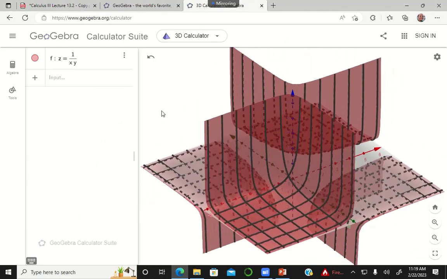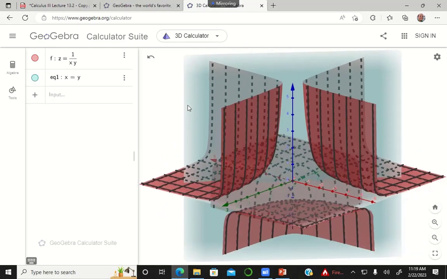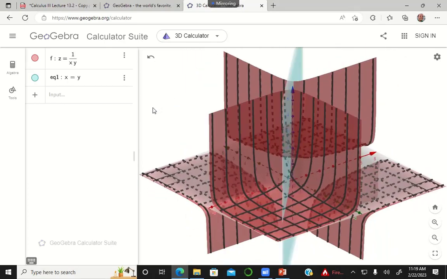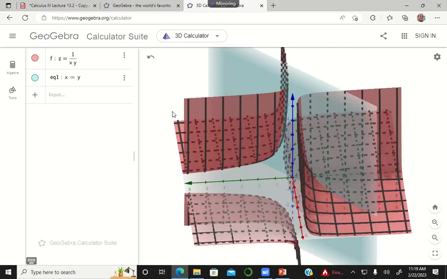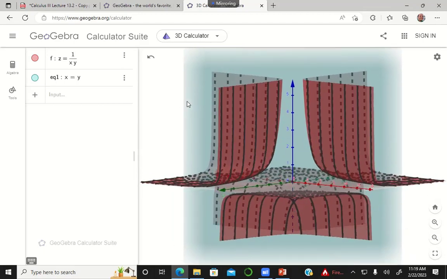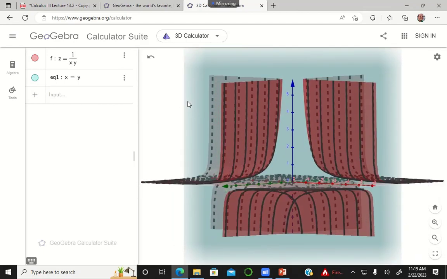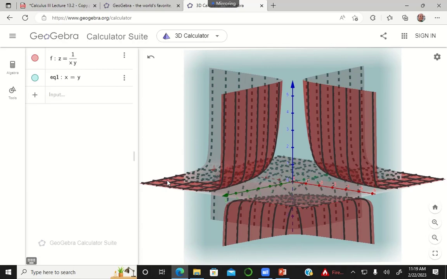Let me show you what the plane x equals y looks like on GeoGebra. So that's my plane x equals y. And if you just think about the trace, so the intersection between my red surface and my blue plane here, then as x is approaching 0 on the intersection, it's going up to plus infinity, right? That's why I said the limit there was plus infinity on that particular trace.